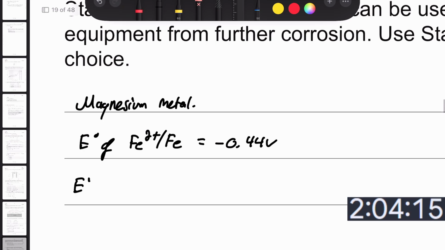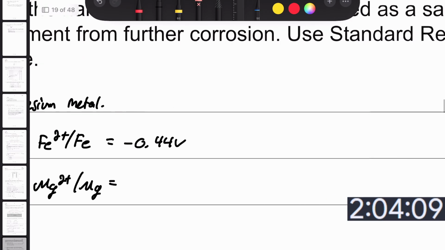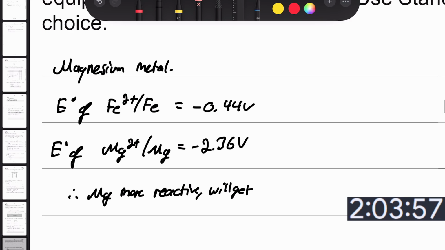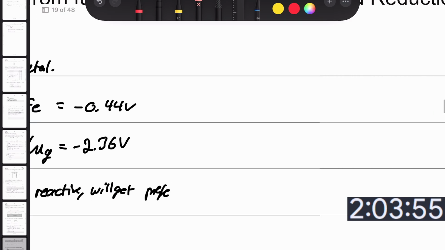And then E0 of Mg2+/Mg is -2.36 volts. Therefore, Mg is more reactive and will get preferentially oxidized.